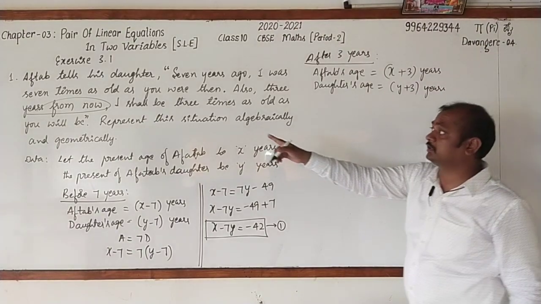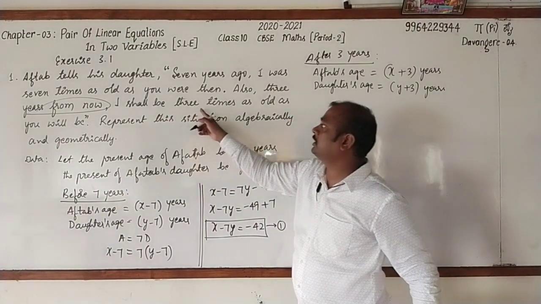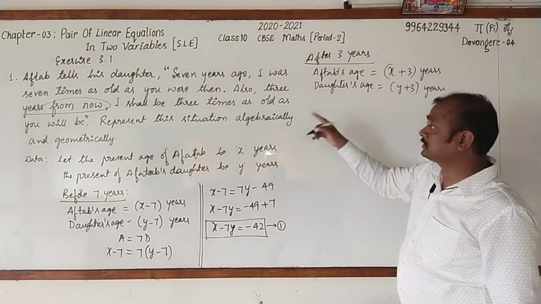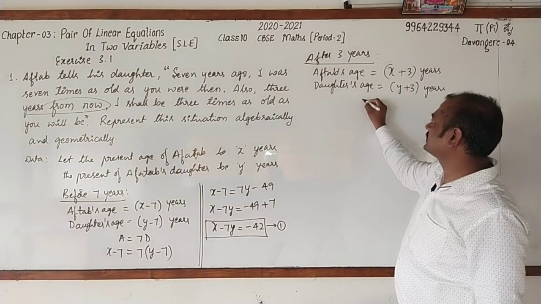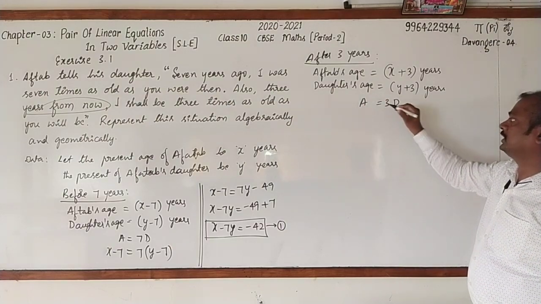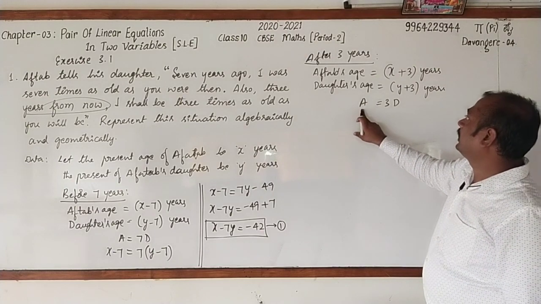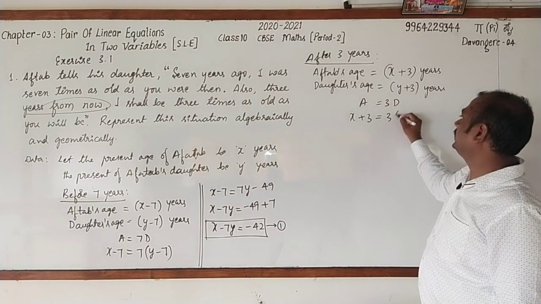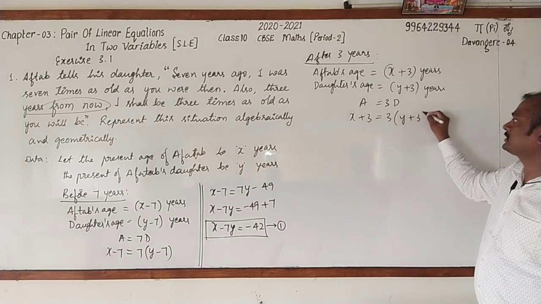And he tells that after 3 years, I shall be 3 times as old as you are. That is, Aftab's age will be 3 times that of daughter's age. After 3 years, Aftab's age is X plus 3, and daughter's age is Y plus 3.